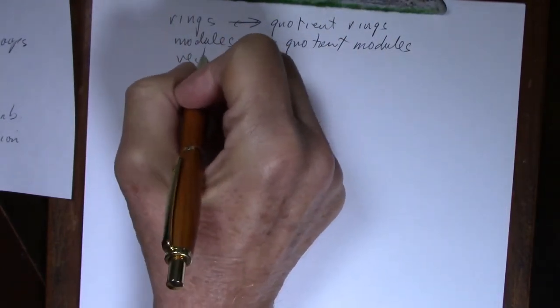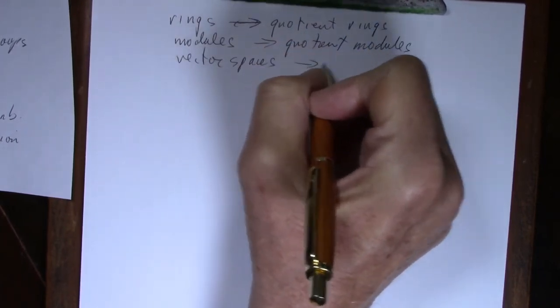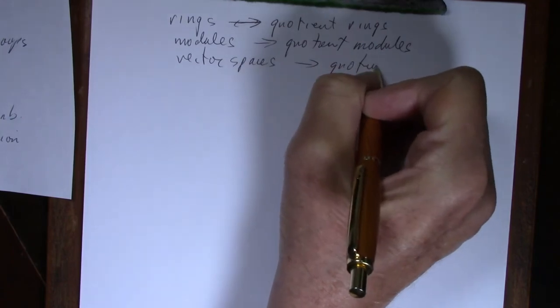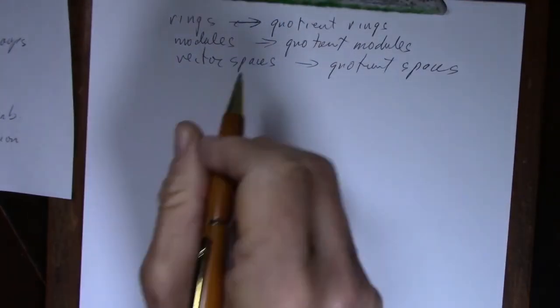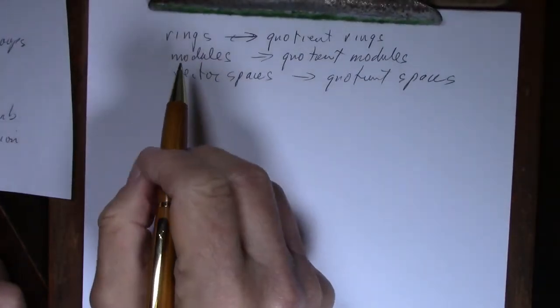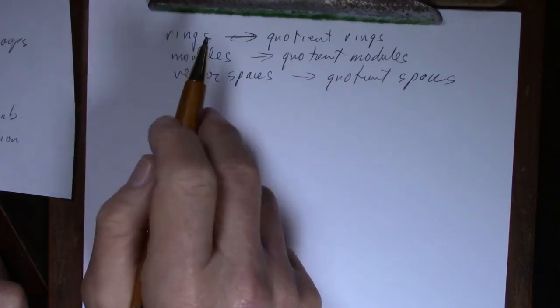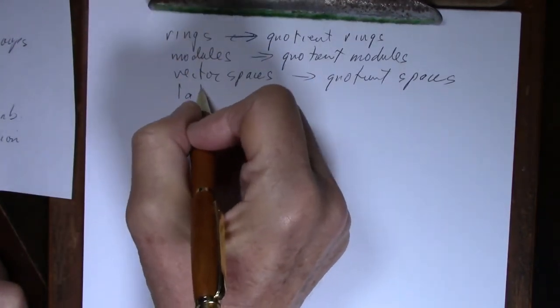From vector spaces, we get quotient spaces. All of these come from congruence relations on the corresponding structure. Congruence relations on rings, on modules, on vector spaces. Lattices.